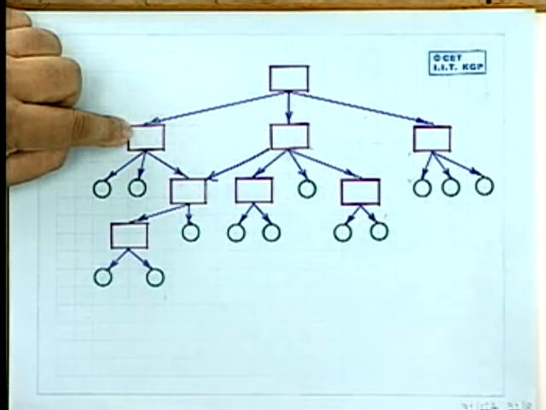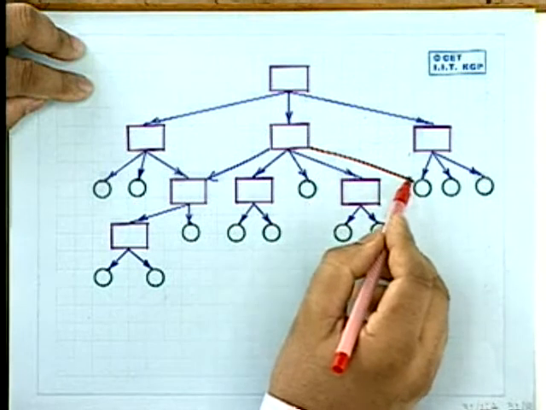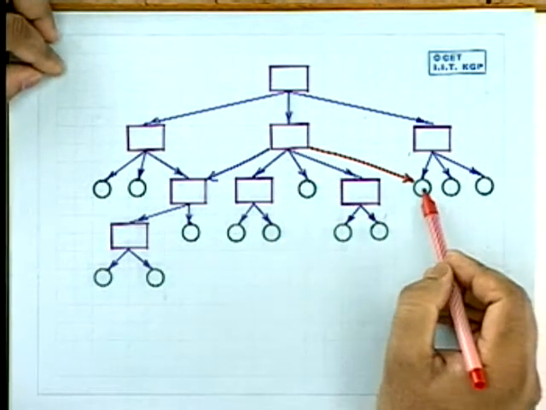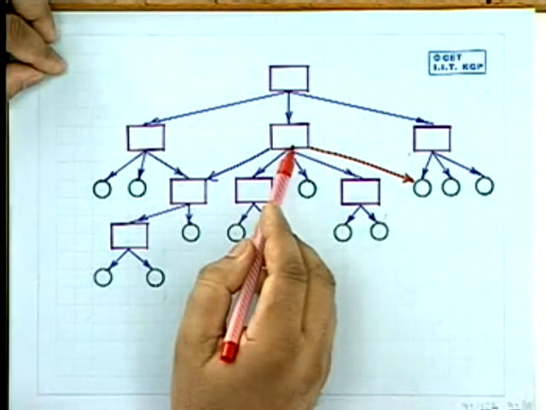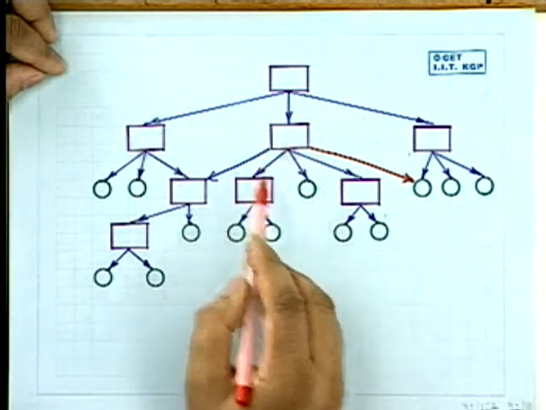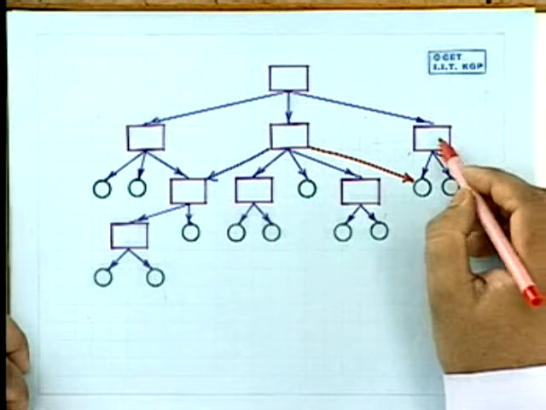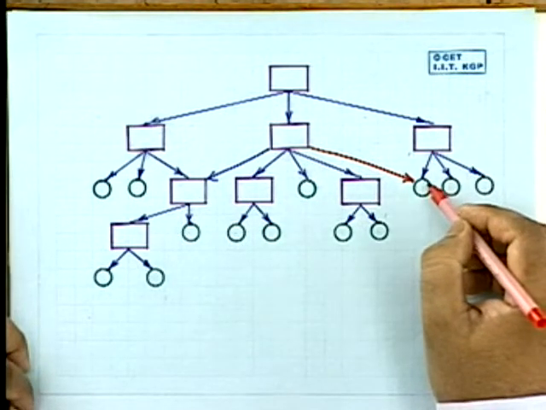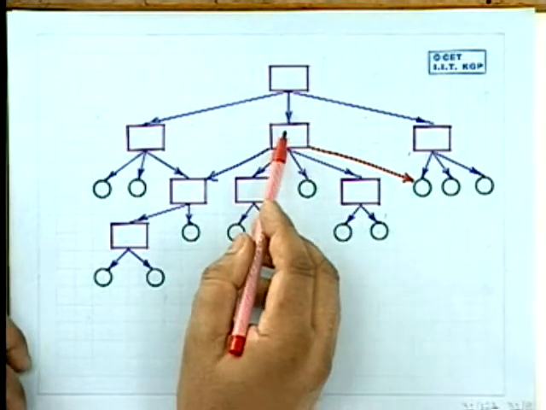Another thing, for example, can be done. Say, here is a file, and I create a link from here to here, which means this file is now shared by this subdirectory and also by this subdirectory. Meaning thereby, any user group or user who was using it and possibly created it can give this file to be shared by another user group or by another user.